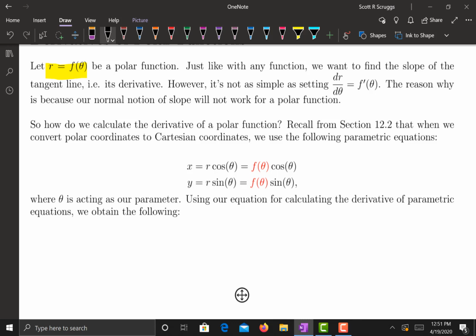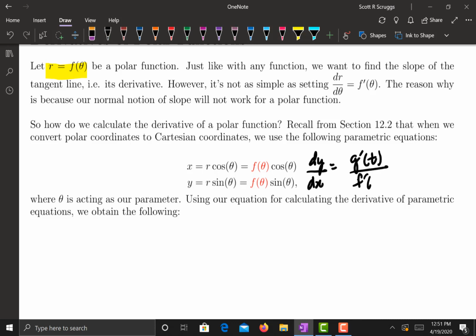And the reason why I care about parametric equations is because we learned from section 12.1 how we can take the derivative of these types of functions.